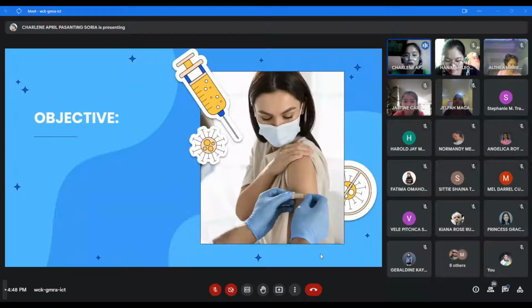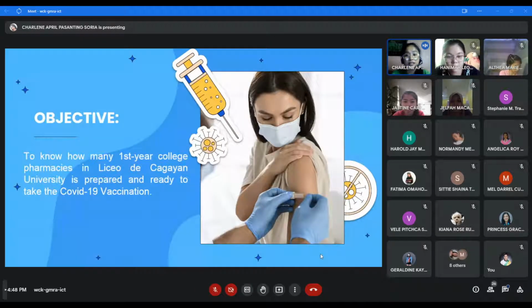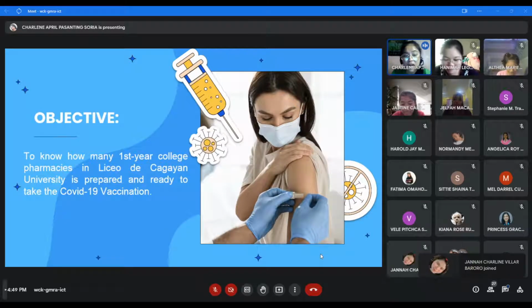Because we all know and we can see in these modern times where we encounter this COVID pandemic, we must get vaccinated. However, there are certain people who refuse to get vaccinated because of various reasons, such as like kesyo masumbi daw sila or mamatay ra daw sila dali, or they cannot survive.